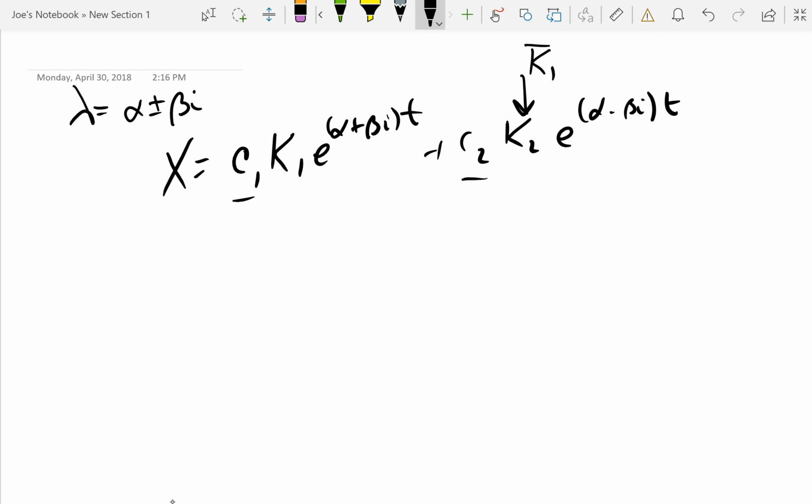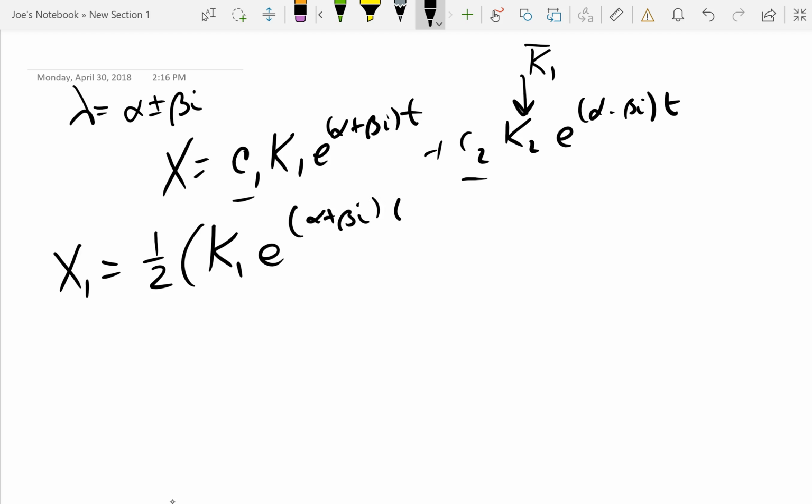So in particular, we're going to write these in a better form so that we can see a more general solution. Let's say we look at our first solution, ignoring the c's for the time being. Let's say we did 1/2 of k1 e to the alpha plus beta i t plus k1 bar e to the alpha minus beta i t.